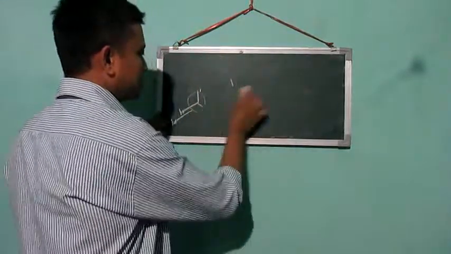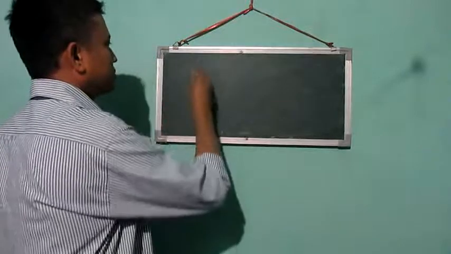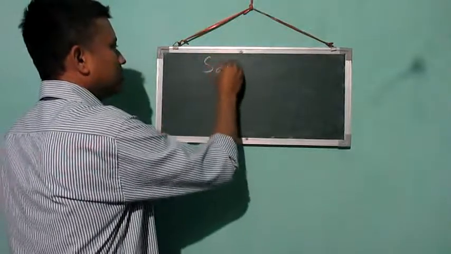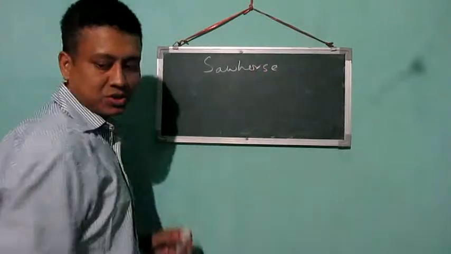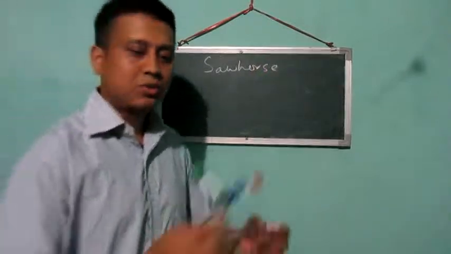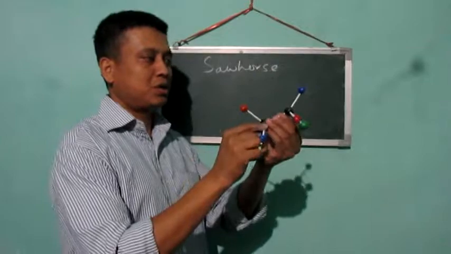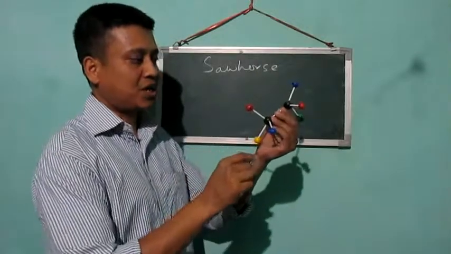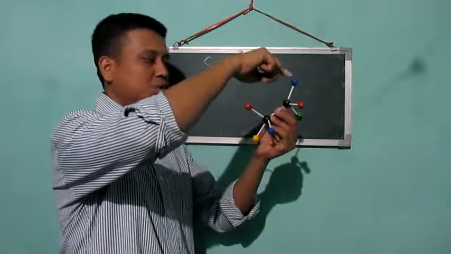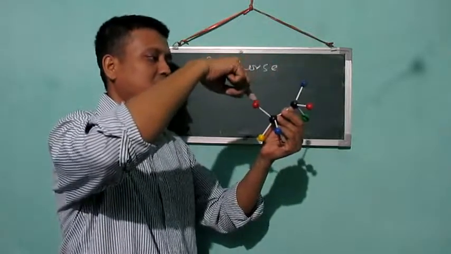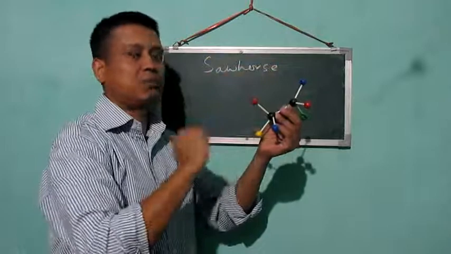After this Newman projection, we can have Sawhorse projection structure. Now in this Sawhorse projection structure, we have the same molecule, but we write down the structure like a jumping horse. Suppose this is the head of the horse, this is the tail of the horse, these two are the front legs, these two are the back legs.